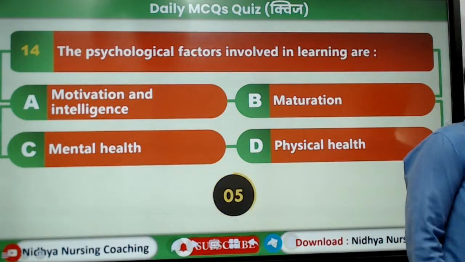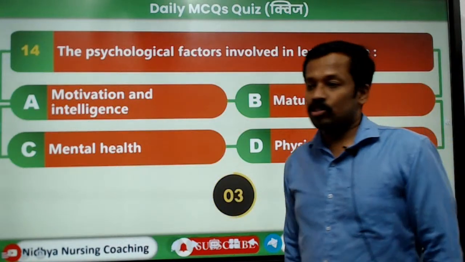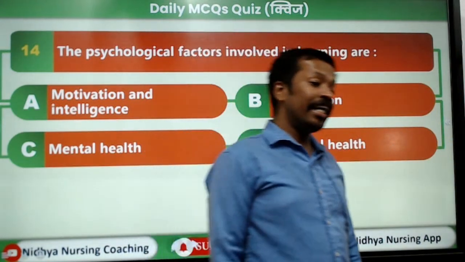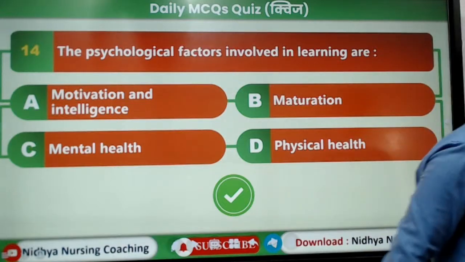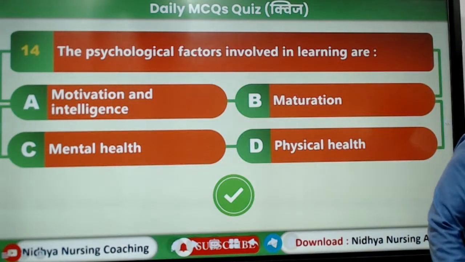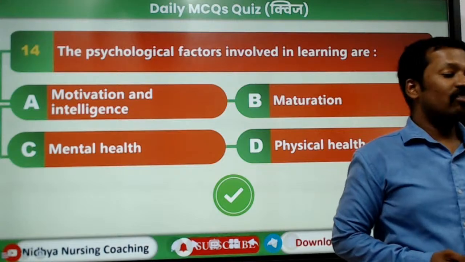The psychological factors involved in learning are. Which are the factors involved in learning? What are the things we need?